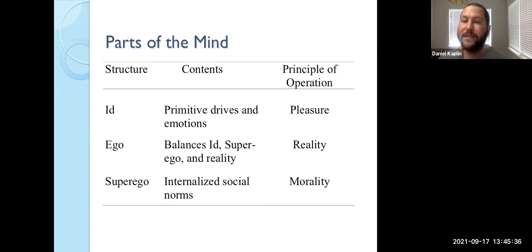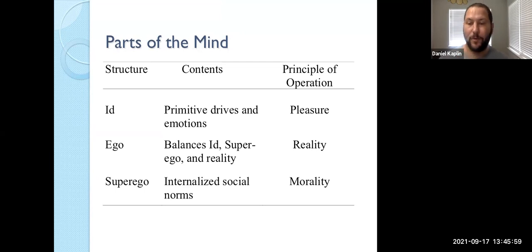It operates based on the reality principle. Now, you're going to see some of Freud's students and followers and contemporaries shift away from the id to the ego. And obviously, that creates some conflict between him and some of his students and whatnot. But this was an important shift.